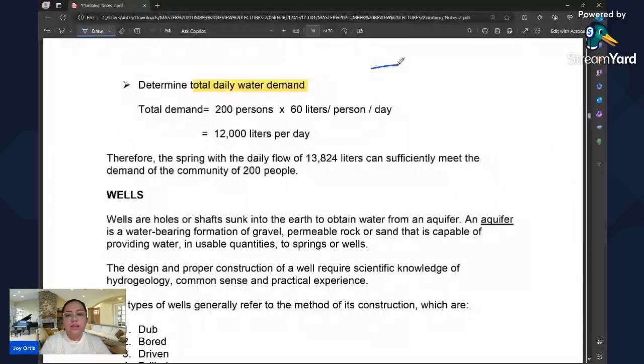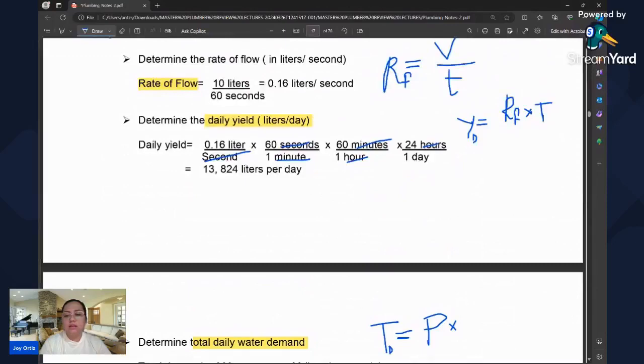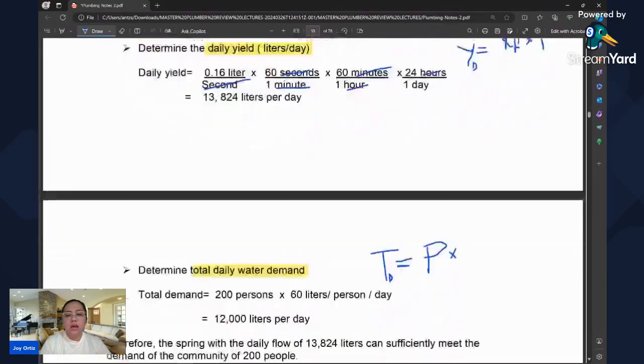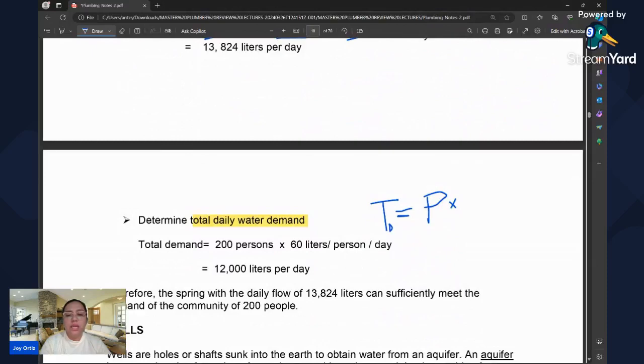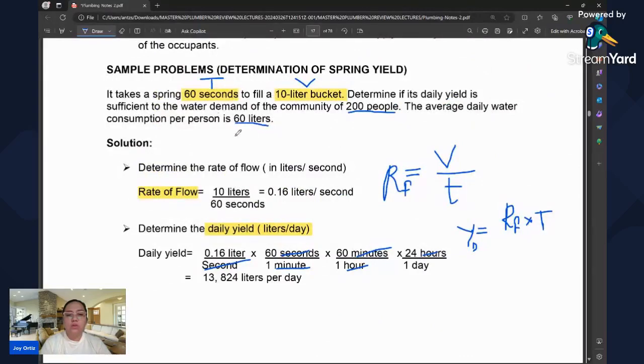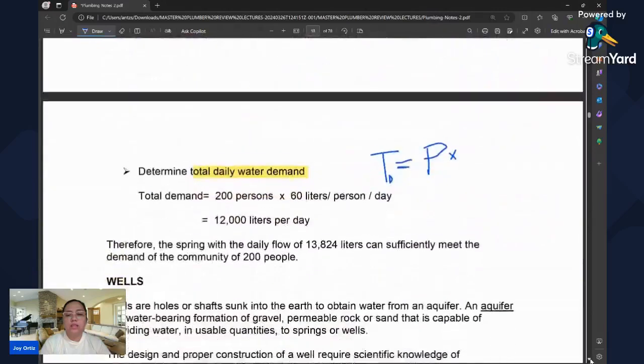Total daily demand is equivalent to 200, so yung per person, which is kung ilan yung per person, times yung kanina na nasagutan natin, that is the 60 liters per person per day. Okay. Yung kanina itong given na to, ito. So, that is the consumption. Sabihin natin C, no?